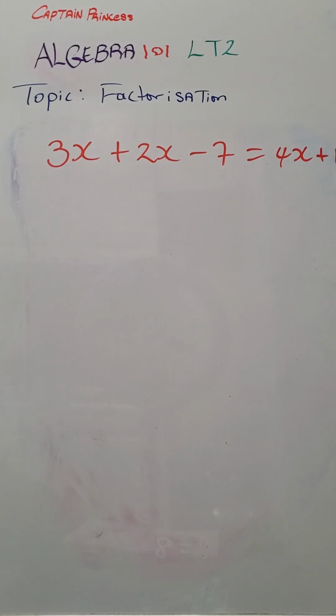Then it says, what is the value of the variable x? So to do an equation of this form, we have to follow the rule. You need to get all the variables to the left hand side of the equation and all the numbers to the right hand side.